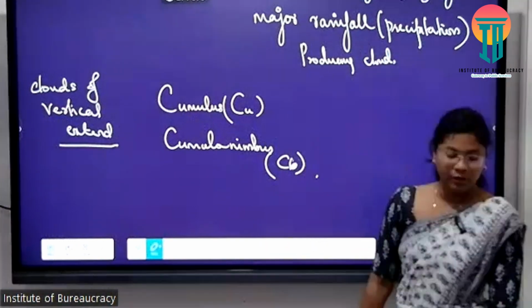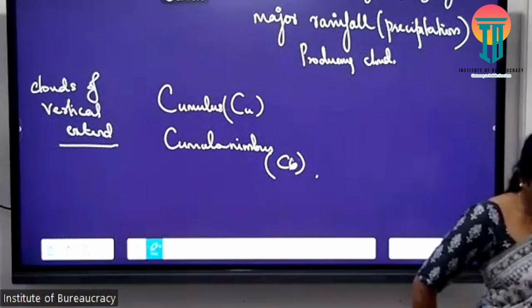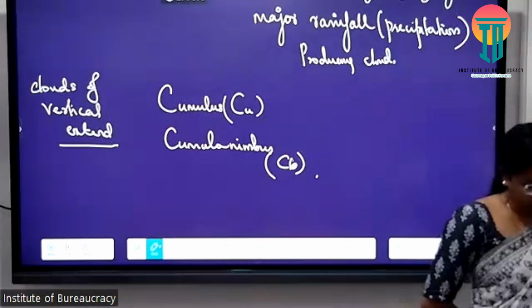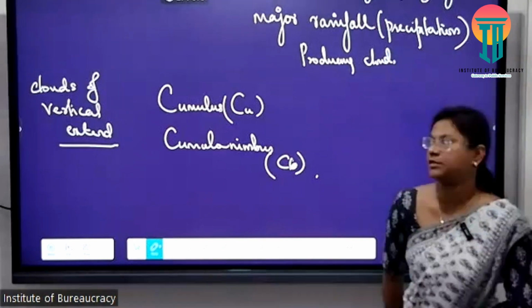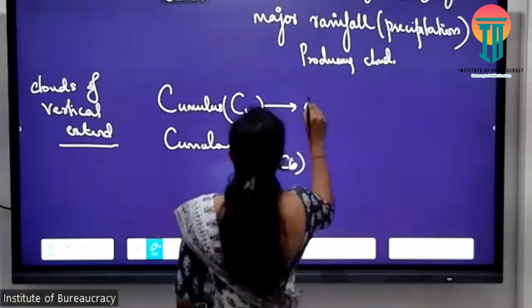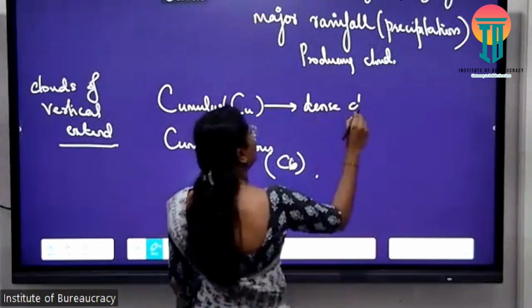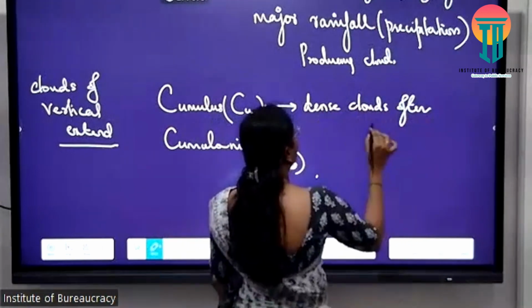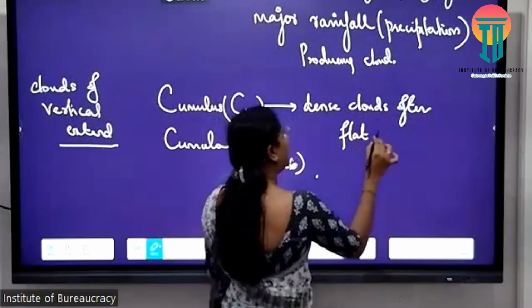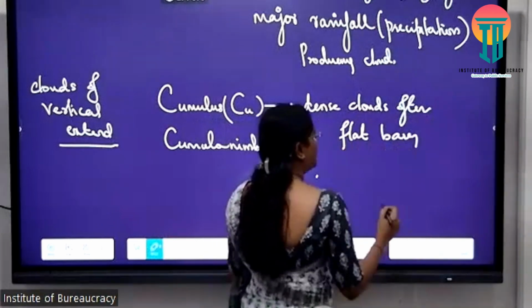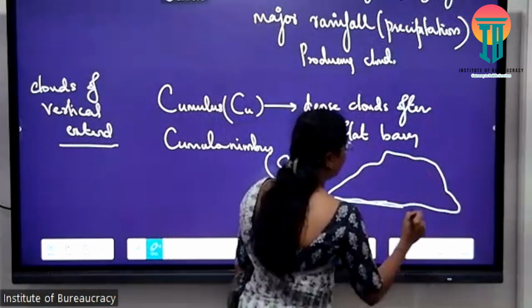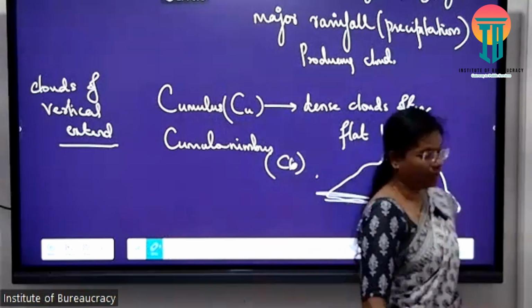Cumulus characteristics: they are dense clouds, often characterized by flat bases. Very, very dense clouds characterized by flat bases.